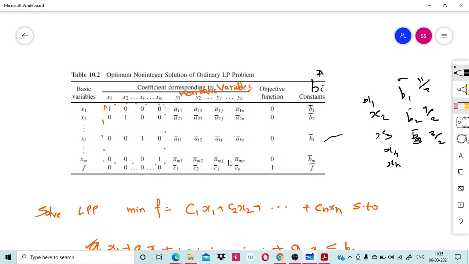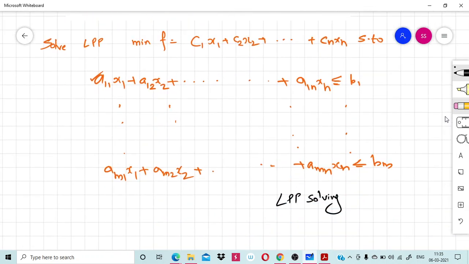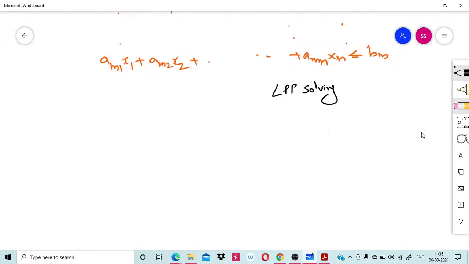So in that case, what we will do, we have already said that we will introduce Gomory's constraints. Yes, this beautiful Gomory's constraints.